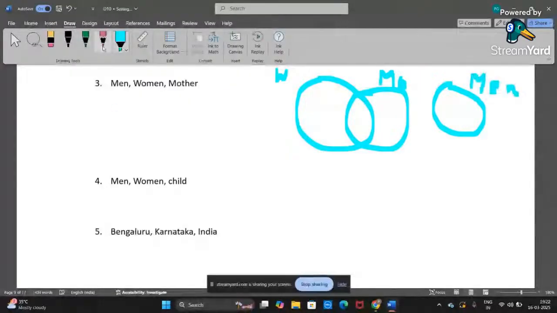This is the correct Venn diagram. See, among women, all cannot be mothers, right? Only a few. So I've drawn the circle like this. And men are different and women are different. So this is the right one.